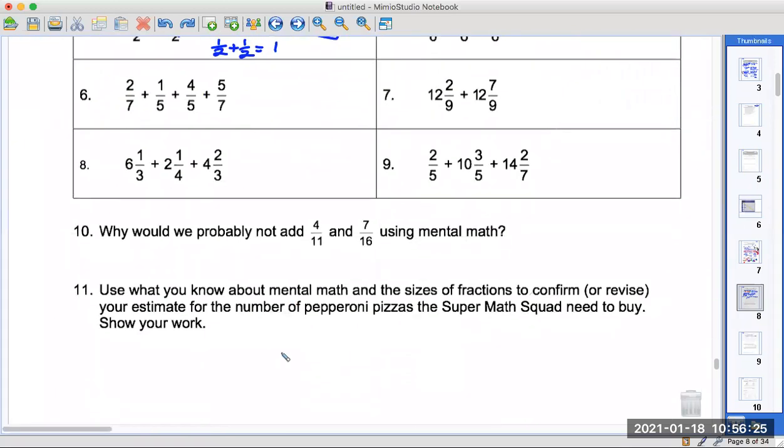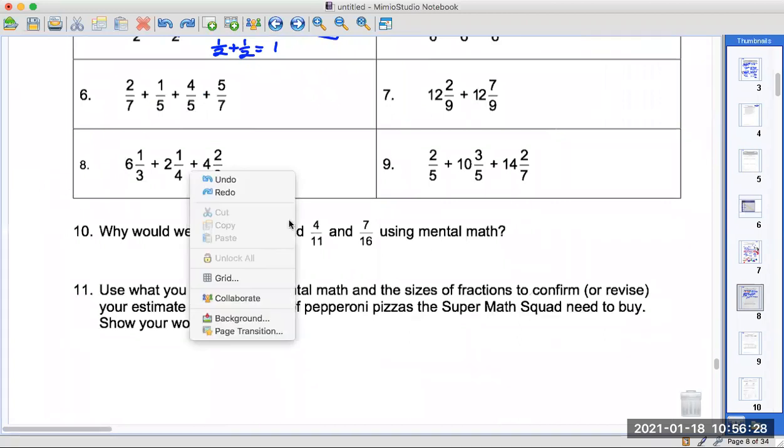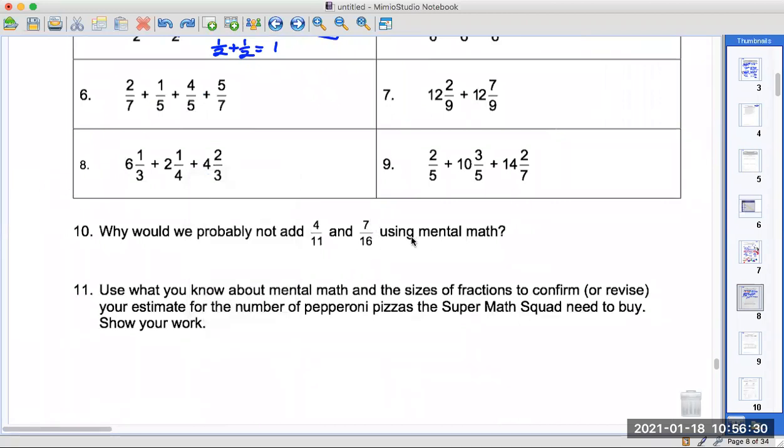And why would we probably not add 4/11 and 7/16 using mental math? They don't have the same denominator. You couldn't do it. You can use mental math with the same denominator, so you would group these. So you would maybe regroup this 1/5 plus 4/5 plus 2/7 plus 5/7.